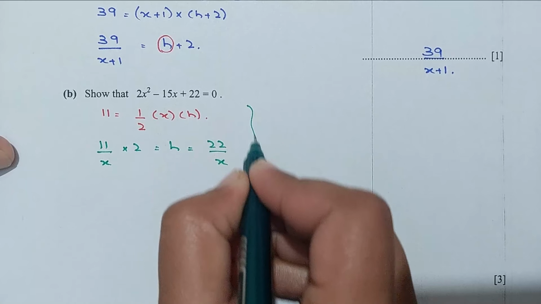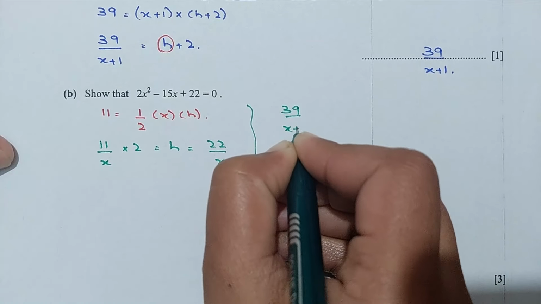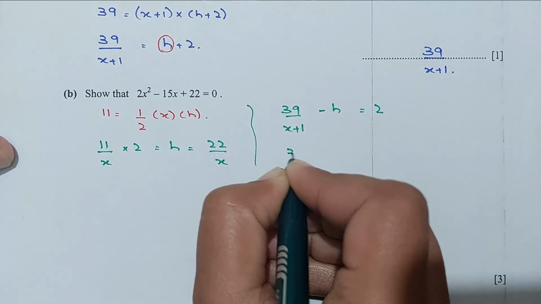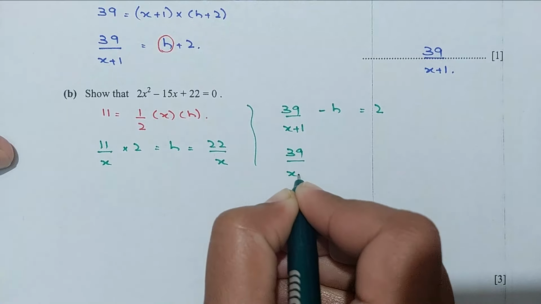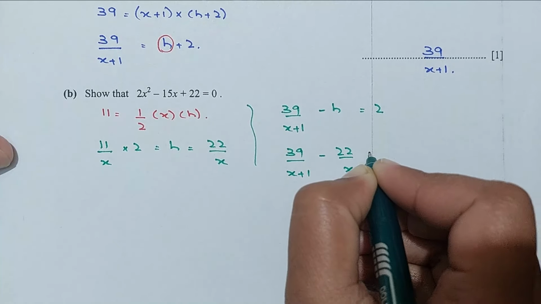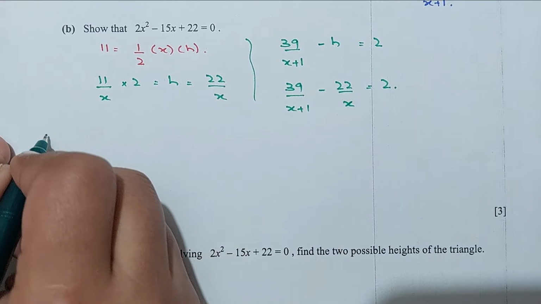Okay, so we have 39 over x plus 1 minus h equals 2. 39 over x plus 1 minus h, where h is 22 over x, equals 2, right? Let me simplify this expression now.